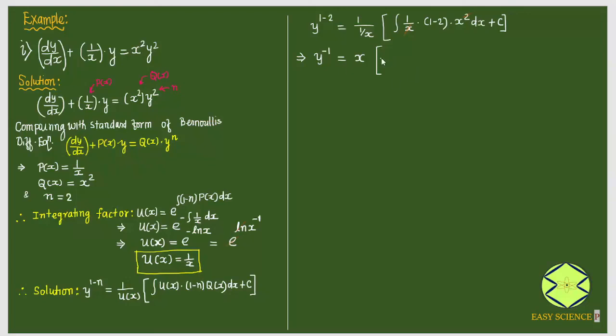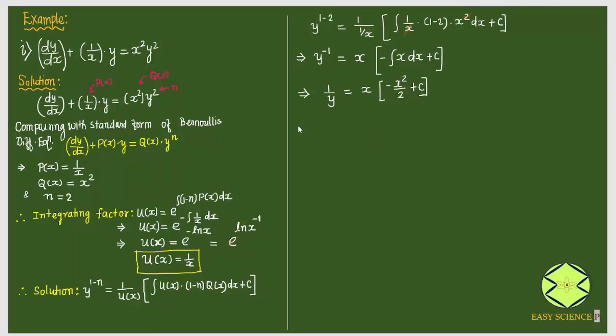So I'll be getting minus 1, the minus comes outside, x dx plus c. We can also simplify it as 1 by y equals x minus x square by 2, since integration of x is x square by 2, plus c.